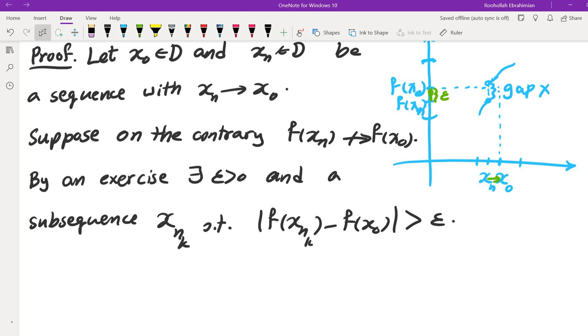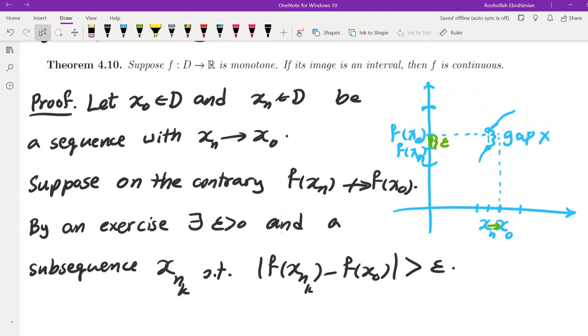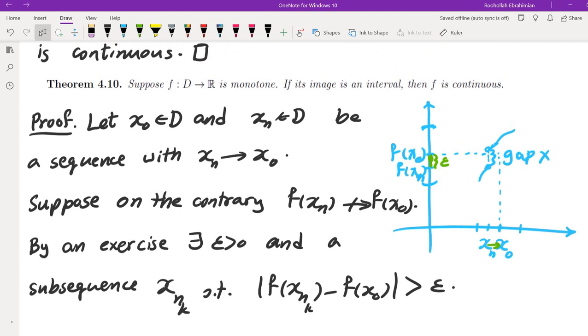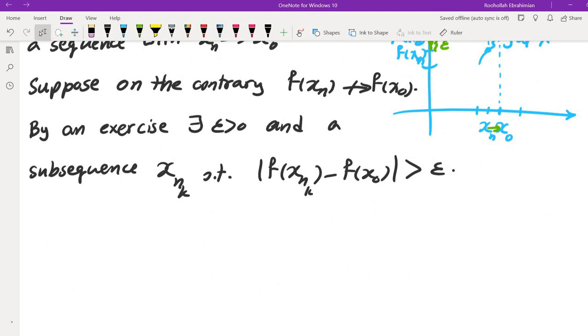However, since your f of xn could be on either side, I'll have to take two cases. And by the way, my function is a monotone function, so it could be increasing or decreasing. I'm going to deal with increasing functions first. So assume f is increasing, and the proof for decreasing would be quite similar.